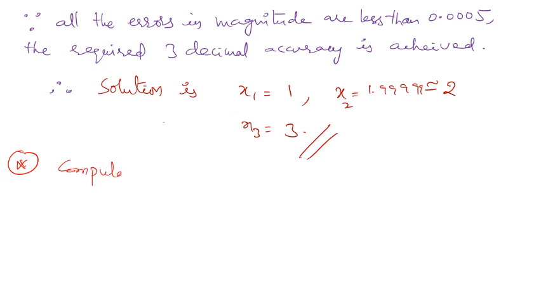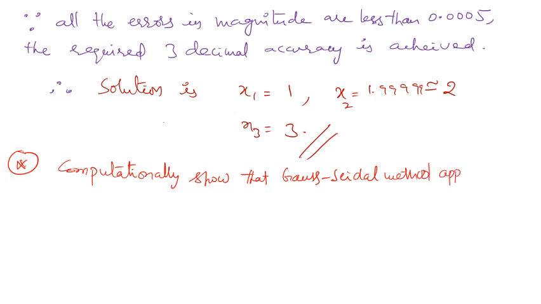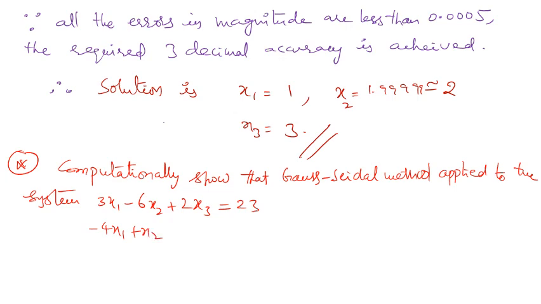Computationally show that the Gauss-Seidel method applied to the system 3x1 minus 6x2 plus 2x3 equal to 23, minus 4x1 plus x2 minus x3 equal to minus 8, x1 minus 3x2 plus 7x3 equal to 17 diverges. That means the Gauss-Seidel method is not converging, it diverges.